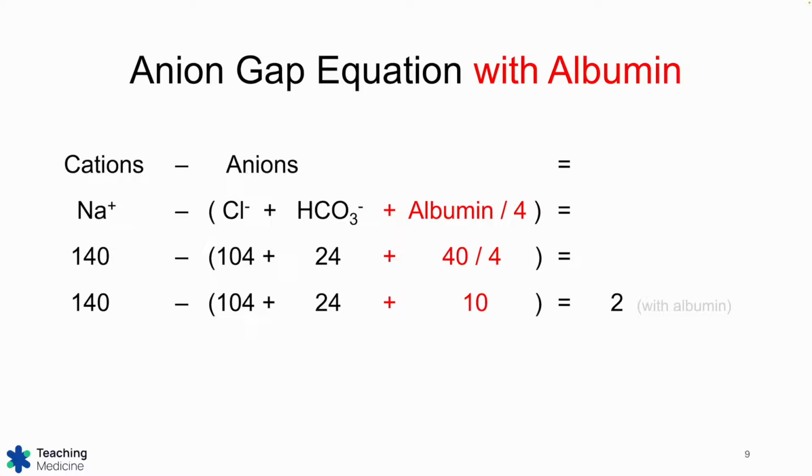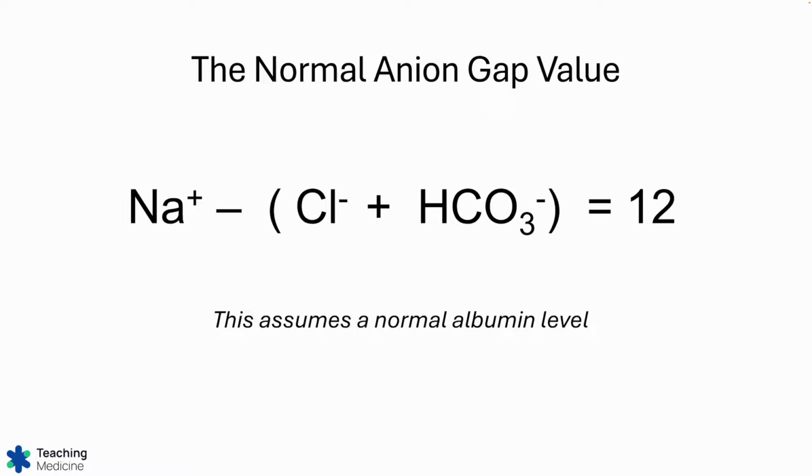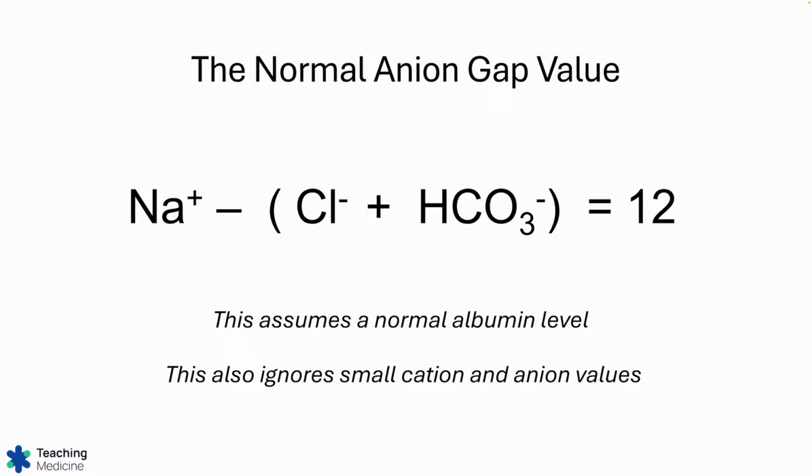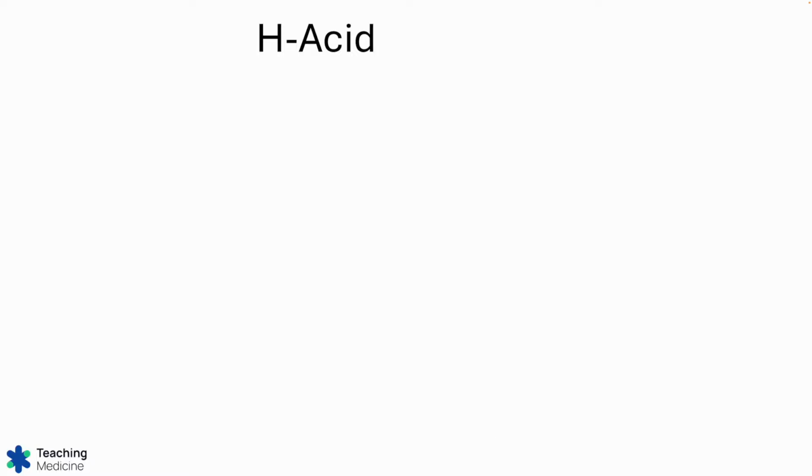And the trade-off is that we can have a pretty simple equation to deal with. And that simple equation is sodium minus chloride and bicarb equals 12. This is a normal anion gap value. It assumes that you have a normal albumin level, and we're ignoring all the small cation and anion values just to make our lives easier. And you need to memorize this equation and memorize the value of 12.